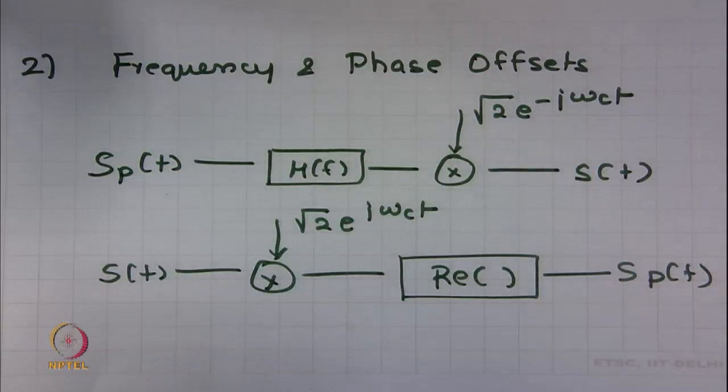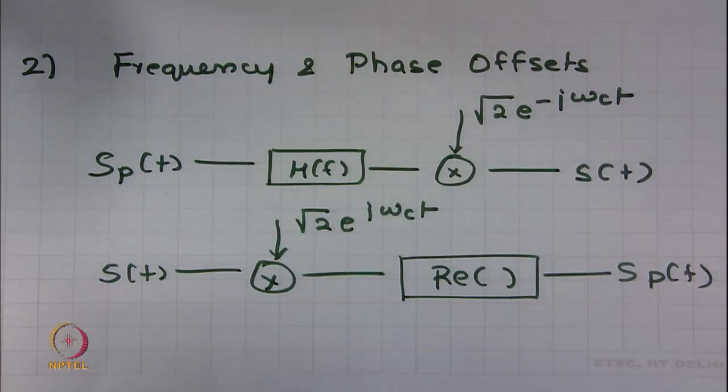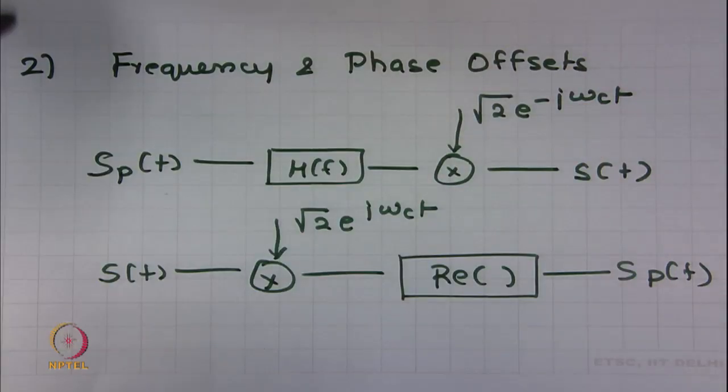In general, that is not the case, because this modulator and this demodulator are at different locations, and normally they would have some frequency differences. Okay, so we are trying to investigate the situation in which the frequency of this carrier is different from the frequency of this carrier.